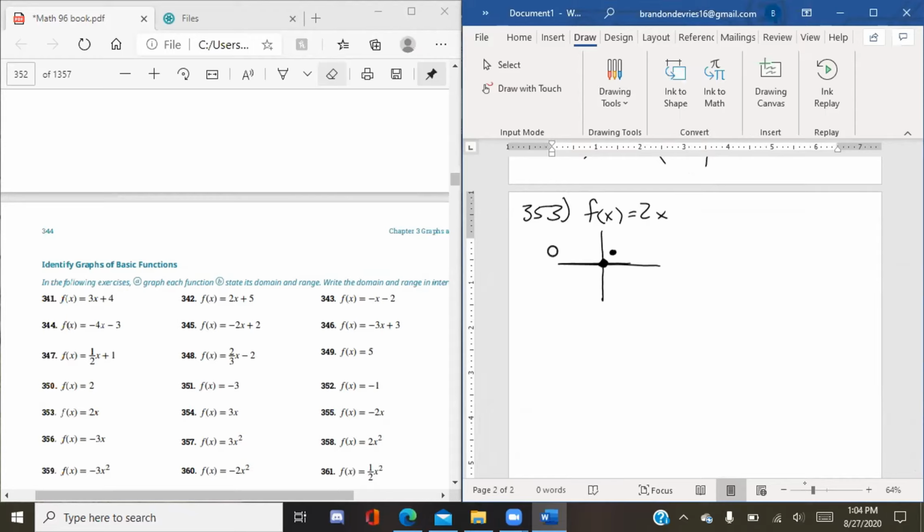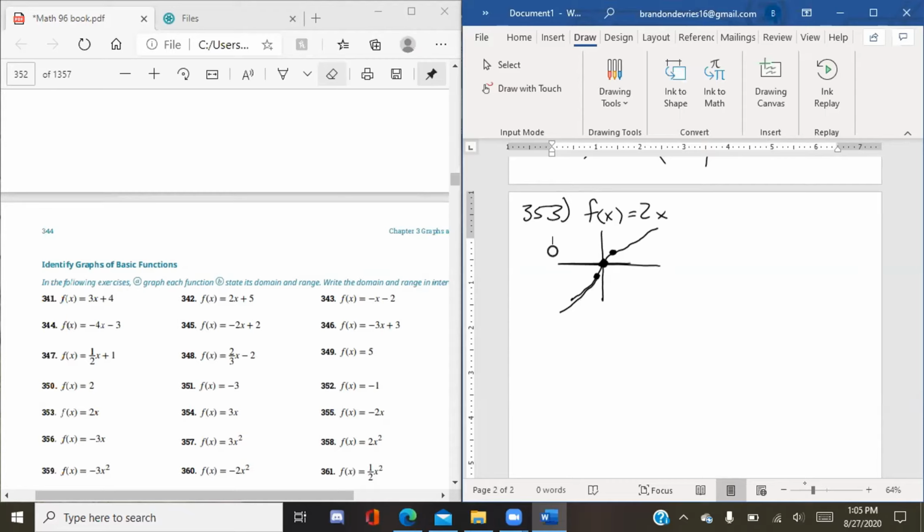So it'd be right here, like that kind of. How did you know just to move it over once to go up? Because we plugged in 1.